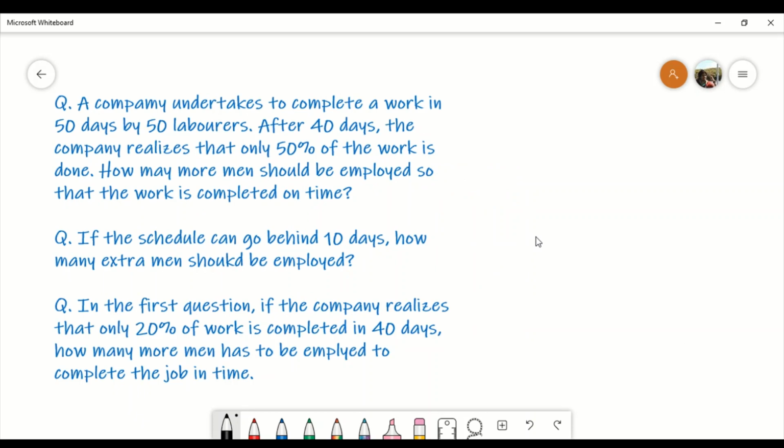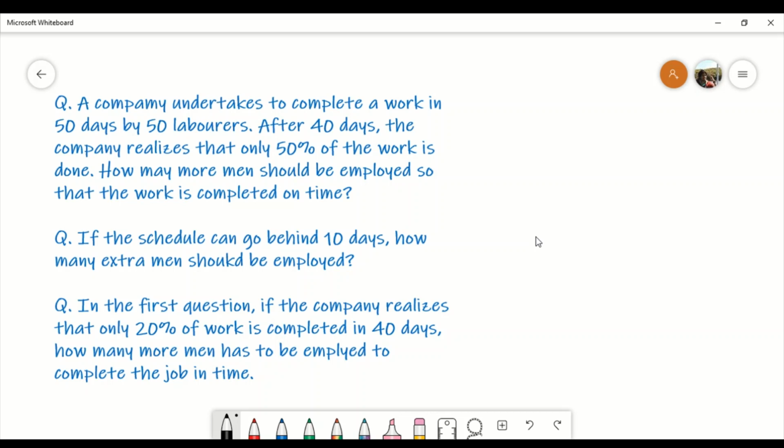So let's discuss a few questions that are related to these concepts. So let's say a company undertakes to complete a work in 50 days with 50 laborers. After 40 days, the company realizes that only 50% of the work is done. So how many more men should be employed so that the work is completed on time, right? So we will first understand the question. The company employed 50 laborers and they estimated that the work will be completed in 50 days.